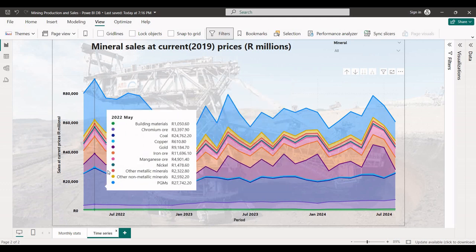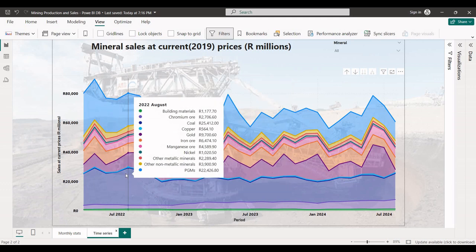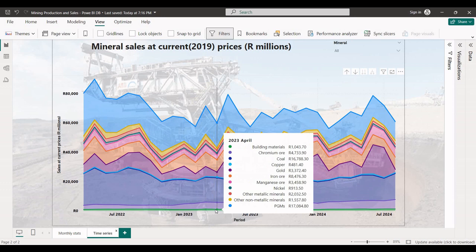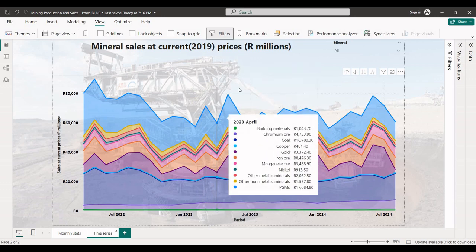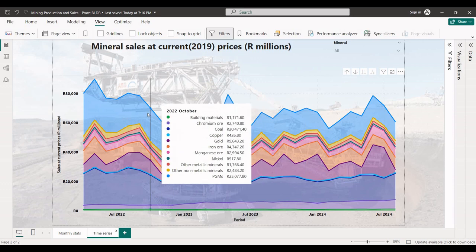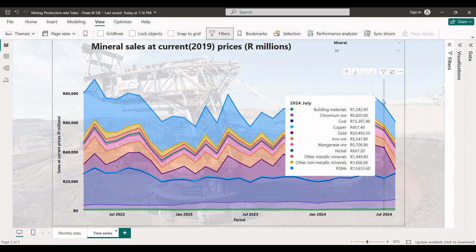And we have there in the middle a sliver of copper, and at the bottom in green we have building materials. The thickness of the stacks here is also a nice way of showing over time that it's pretty consistent. It's the same minerals that are contributing the most to sales.